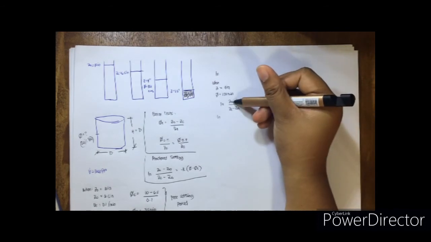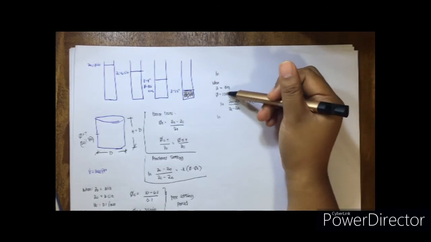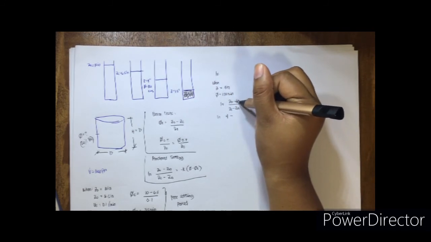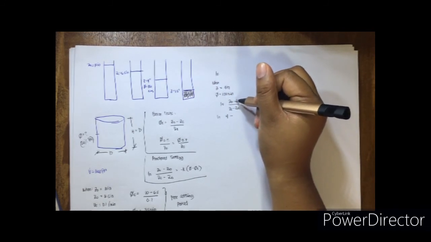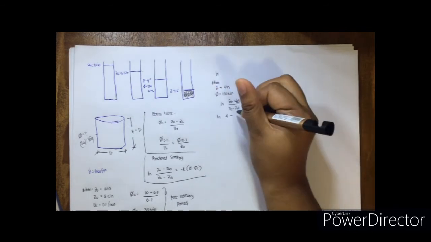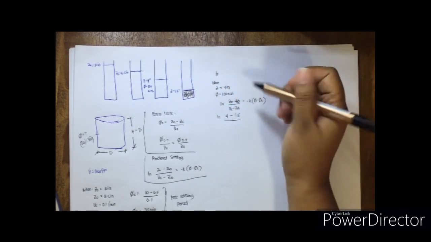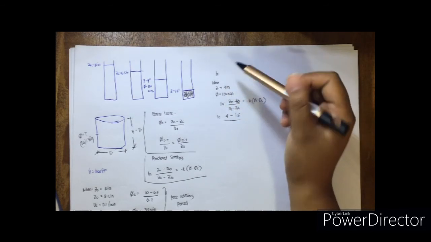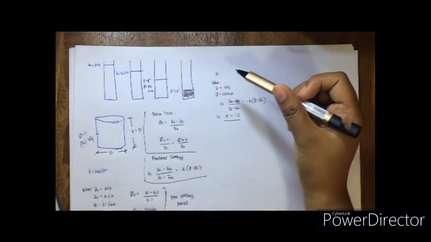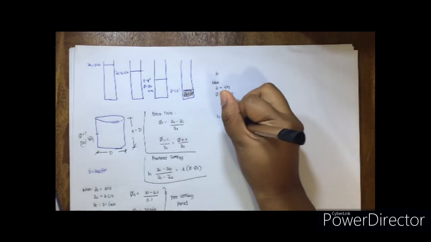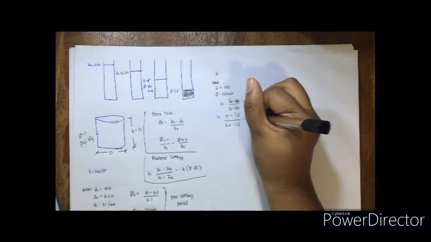This is our original height at the end of 120 minutes. 4 minus the height at which our suspension settled completely is 1.5, and then end of the free settling period is 6.5 minus 1.5, negative k.